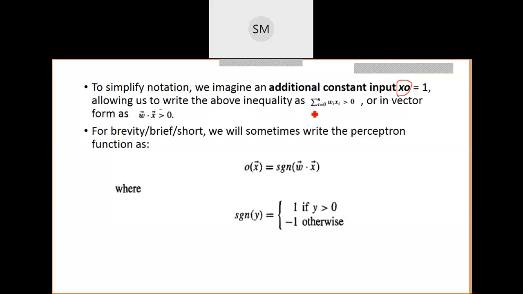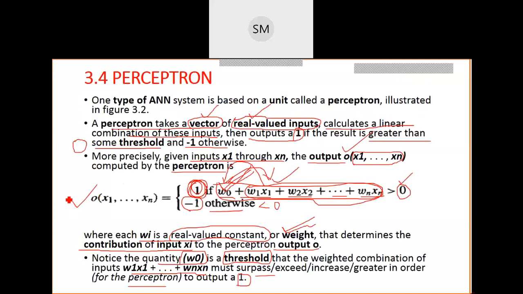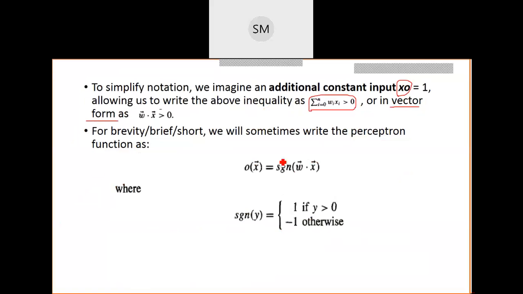What is that? It is the summation of the products wi into xi, with i from 0 to n, if it is greater than 0. This is a very short representation of what I wrote in the previous slide.